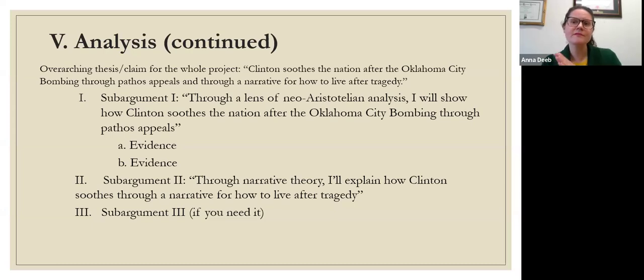Then I would take several paragraphs and pages to show you evidence from the speech, textual evidence to soothe the nation. I could also marshal evidence from news articles reacting to the speech, people saying how they felt about the speech. But I want to work primarily from that artifact if I'm using neo-Aristotelian analysis.